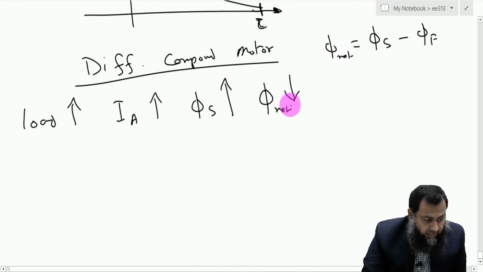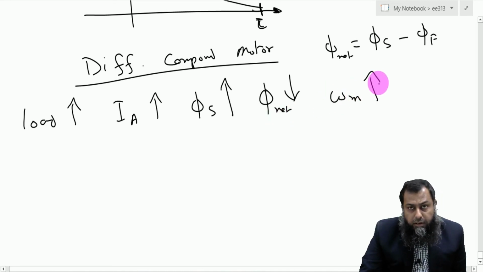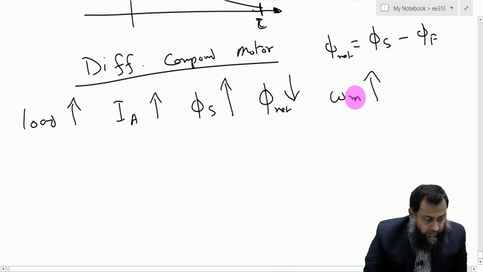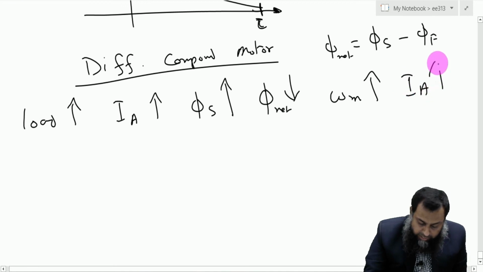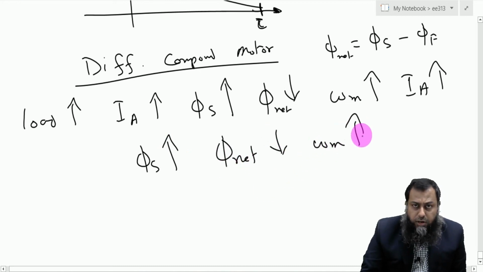Now as the net flux decreases, what happens? Omega m will increase. As omega m increases, Ia increases. As Ia increases, phi s increases. As phi s increases, phi net decreases, and consequently omega m again increases, and the motor reaches the runaway situation very fast.